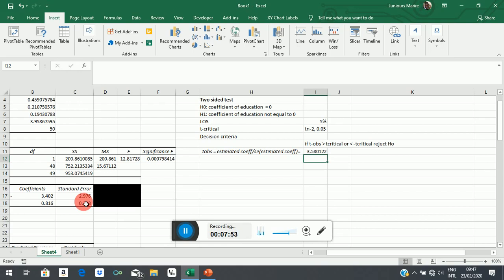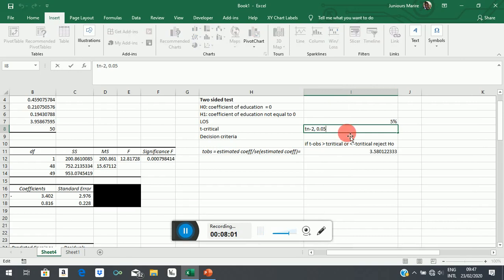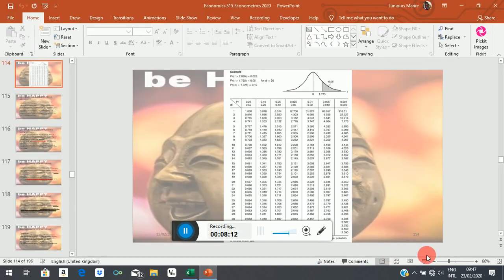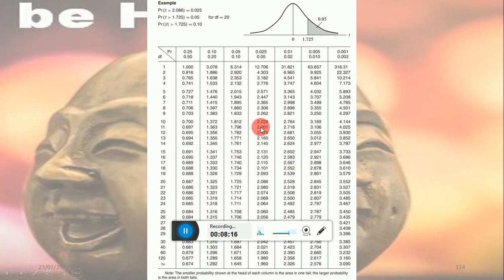Okay, now how do we get our T critical here? We now go to our T table. Here is the T table. This is a single tail.